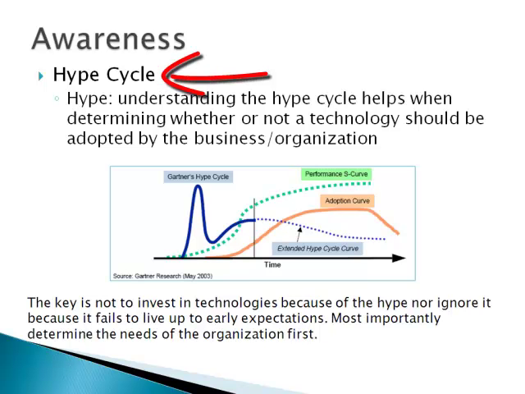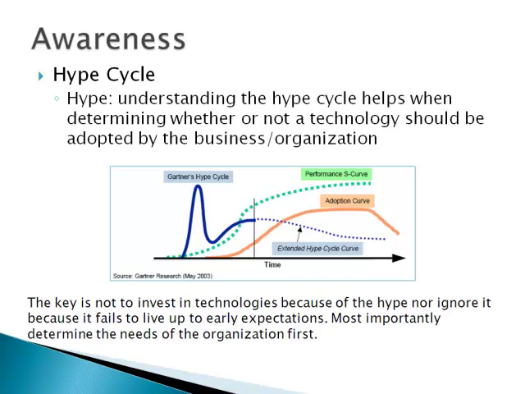The hype cycle, research done by Gartner, helps you determine where a technology is within the hype cycle. As you can notice, there's a peak and then there's a drop, a sharp rise and a sharp drop. Then it begins to rise again and levels off. Most companies or organizations come into that particular cycle when it's at this stage where it's leveling off.